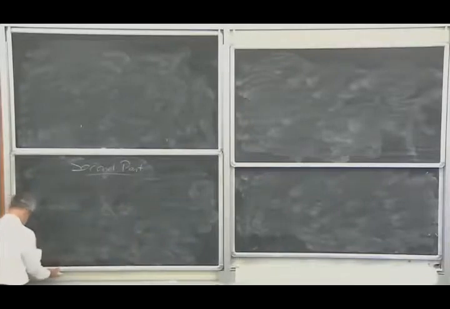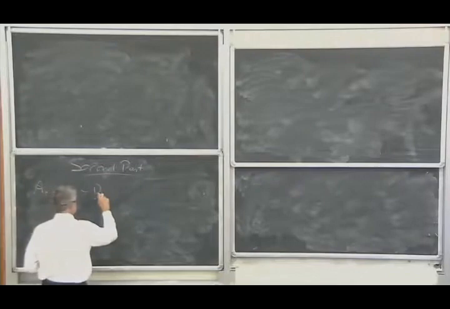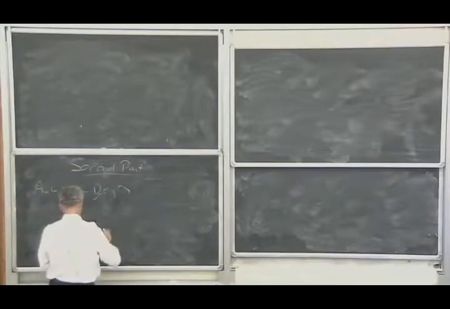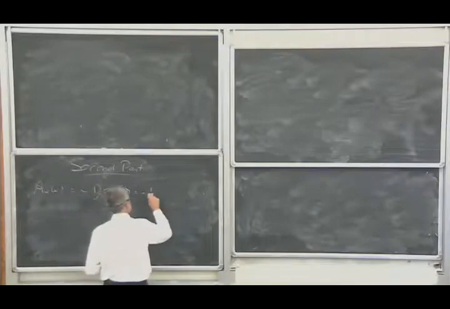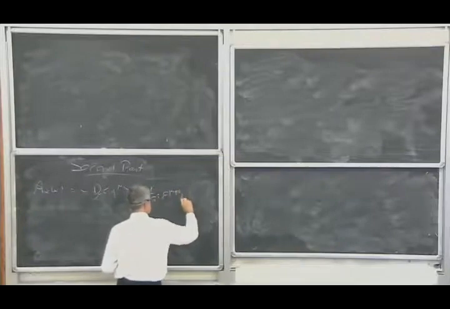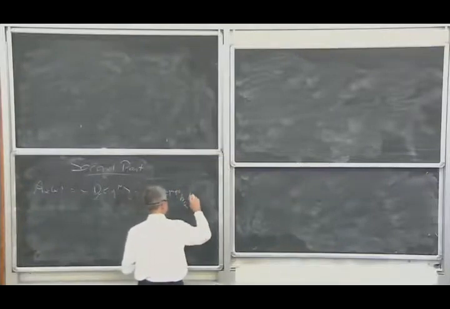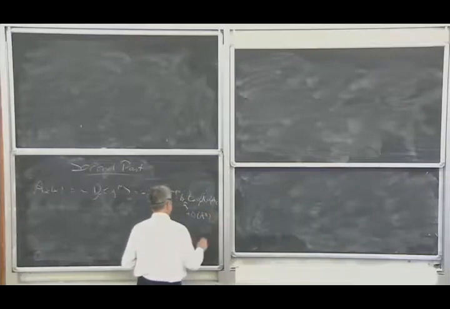So the first thing is that you may have noticed that my gauge anomaly, which was minus the covariant divergence of the expectation value of my current, was minus 1 over 24 pi squared, epsilon mu nu rho sigma, the trace in my representation of T alpha d mu A nu d rho A sigma, plus these order A cubed terms.